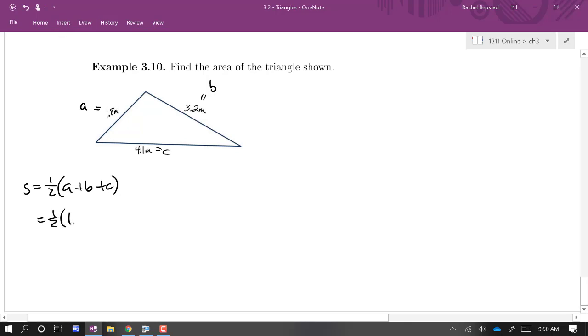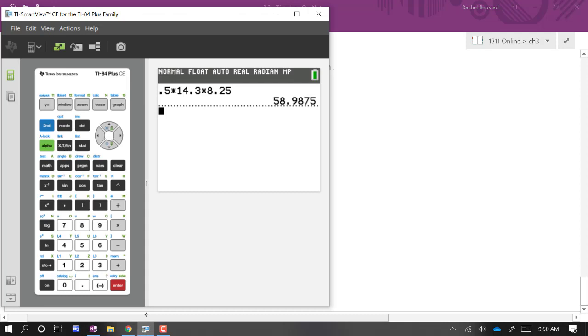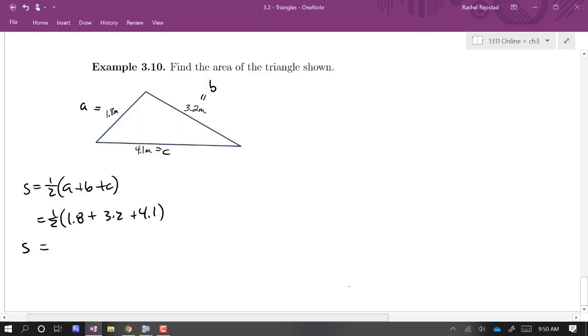So 1/2 times 1.8 plus 3.2 plus 4.1. That's 4.55.